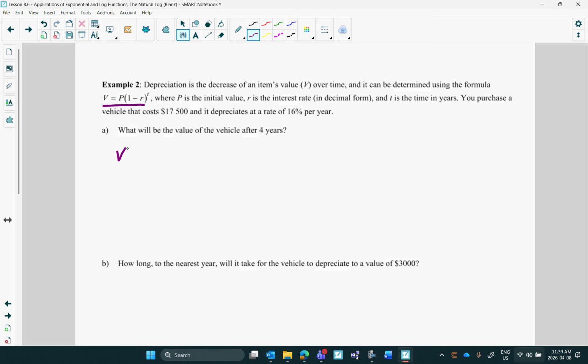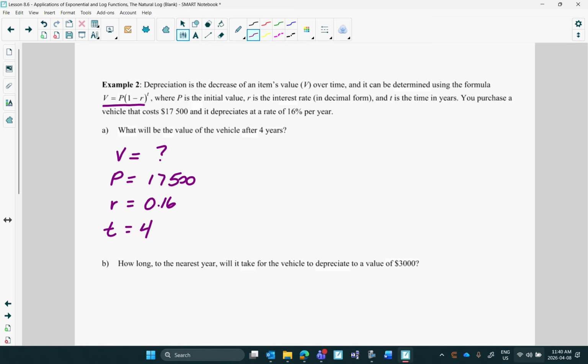Well, we've got three variables. We're trying to find the value, so that's the question mark, which means we must know the other numbers. The principal is 17,500. The rate of depreciation as a decimal is 0.16. And since we're finding the value after 4 years, T is 4.